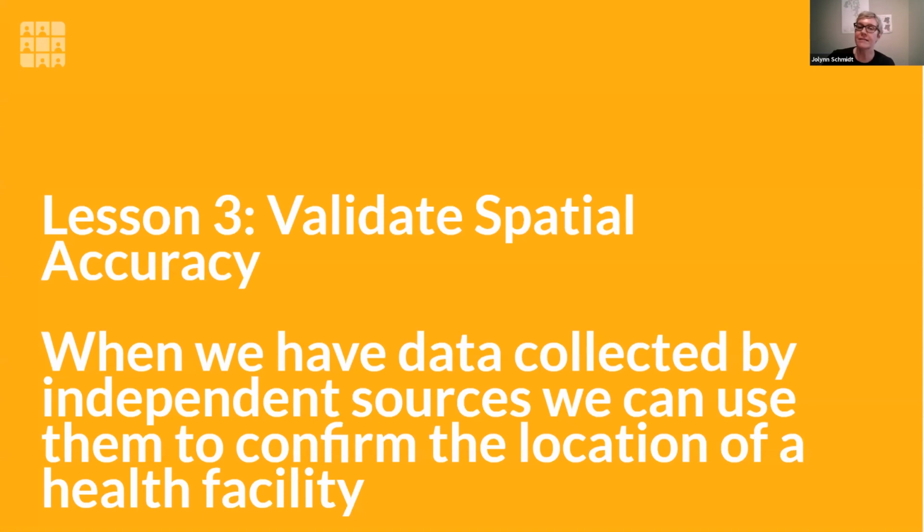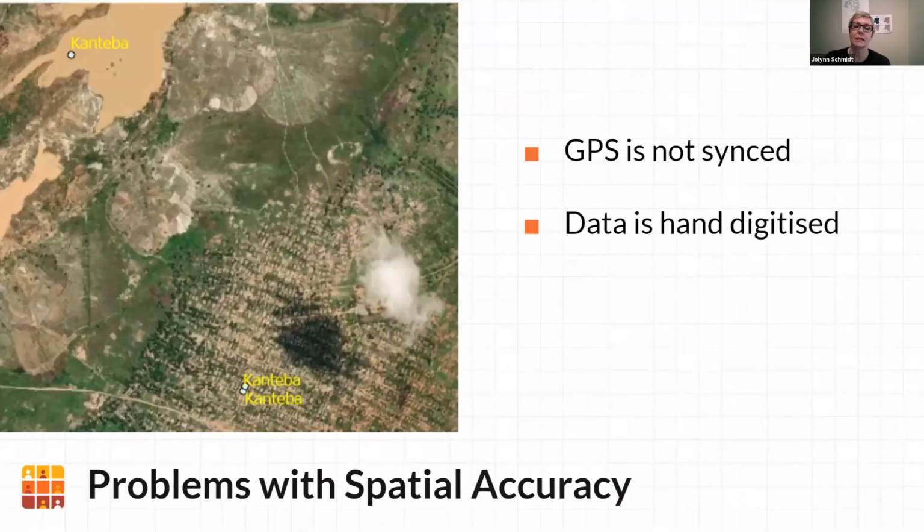The third lesson is that you need to validate your spatial accuracy. When you have data collected by independent sources, we can use them to confirm the location of a health facility. Errors exist within geospatial data for lots of different reasons. Two of the main reasons might be that the GPS is not synced.